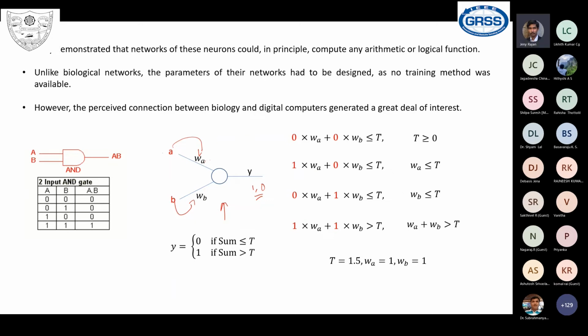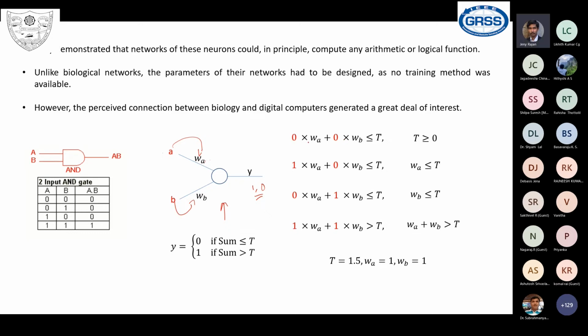Take the first case when both inputs are 0. That means when A is 0 and B is 0, the neuron should not fire, so the output should be 0. That means the weighted sum 0 into WA plus 0 into WB should be less than or equal to T. So when both inputs are 0, this neuron is not going to fire.